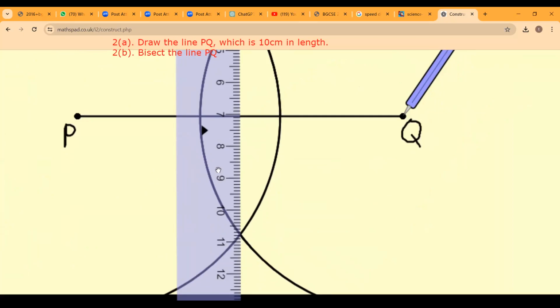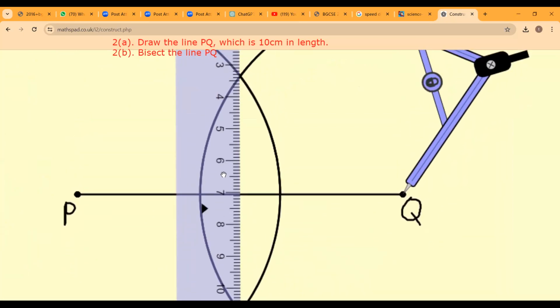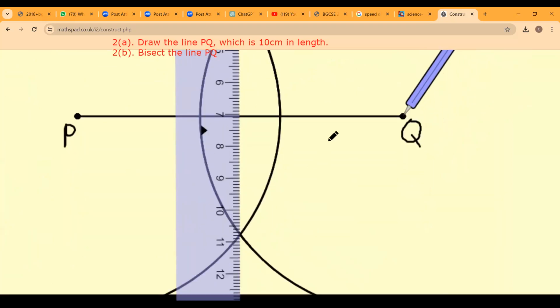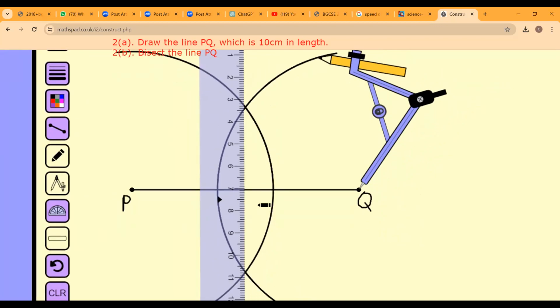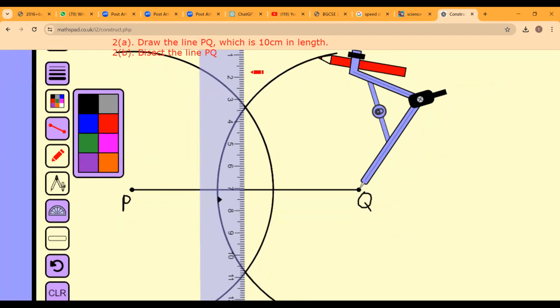Okay, so let me bring this over some more. All right, good. And so what we need to do is, let's use a red.